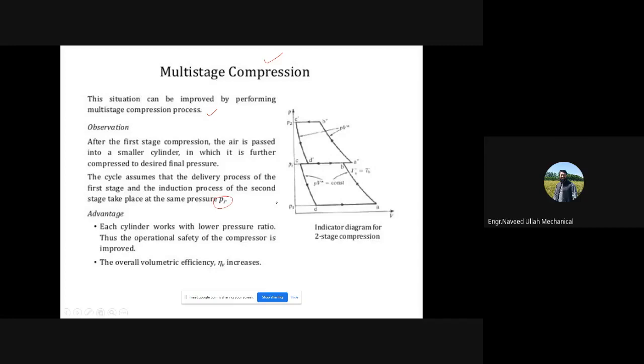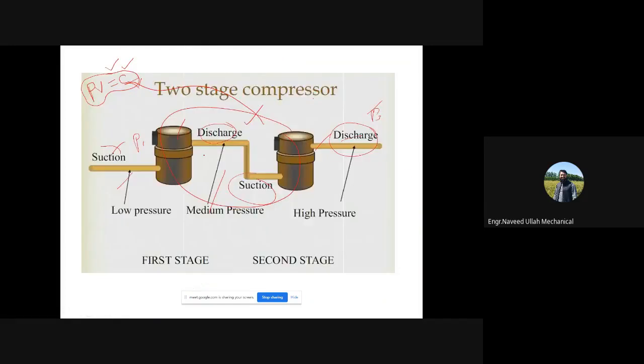अच्छा, assume क्या मतलब, हम consider करते हैं कि भाई ये जो discharge of the first and induction suction of the second, they are actually at the same pressure. इसको हम PI कहते हैं, intermediate. This is your P1, this is your P2, this is your PI. लेकिन obviously there will be a pressure loss inside this ducts. लेकिन कहता है कि इसको जो है ना हम क्या करते हैं, as opposed to the pressure increase in these cylinders, okay, or in these compressors, ये जो pressure drop है ना inside these ducts, it is very small.